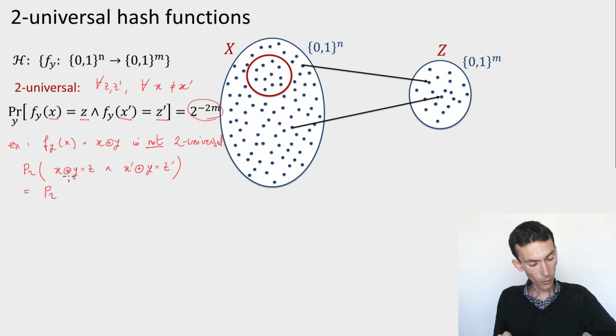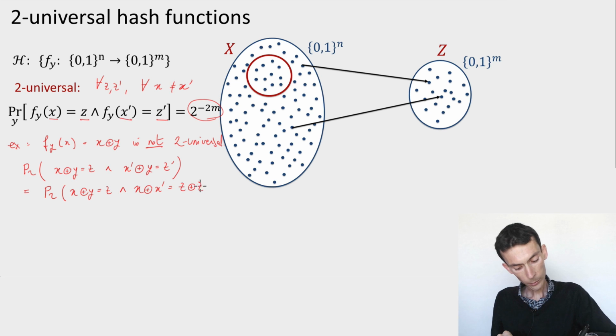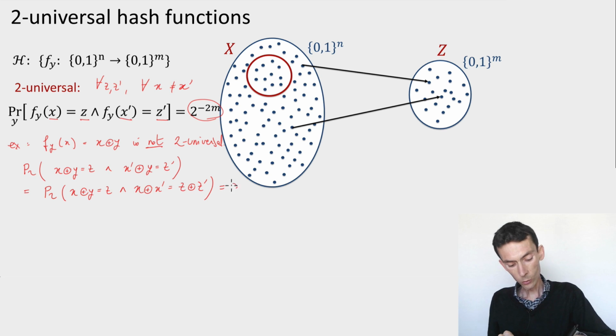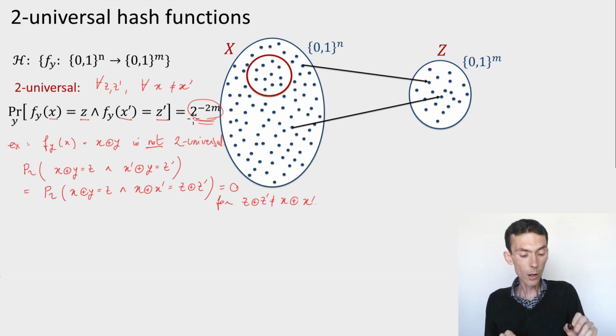I can take the parity of the two equations, and it's going to be the same as the probability that x plus y equals z and x plus x prime equals z plus z prime. But now, this should hold for any z and z prime and any x different from x prime. But here you see that if the parity of z and z prime is not the same as the parity of x and x prime, you're going to get 0 instead of 2 to the minus 2m as you should. So that's not a two universal family.